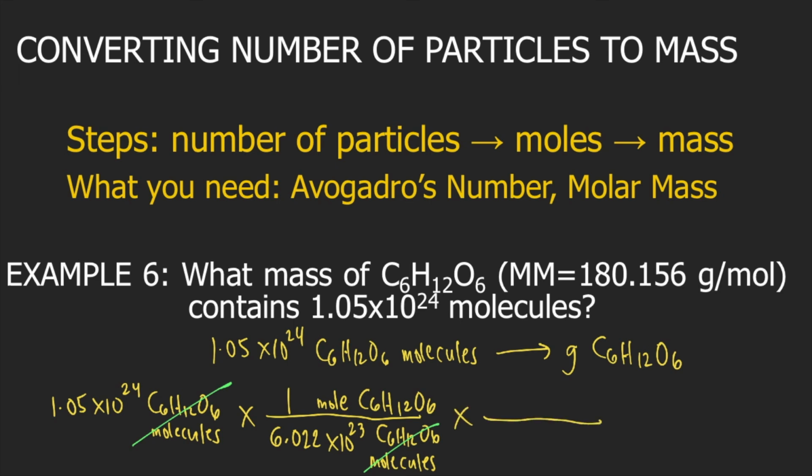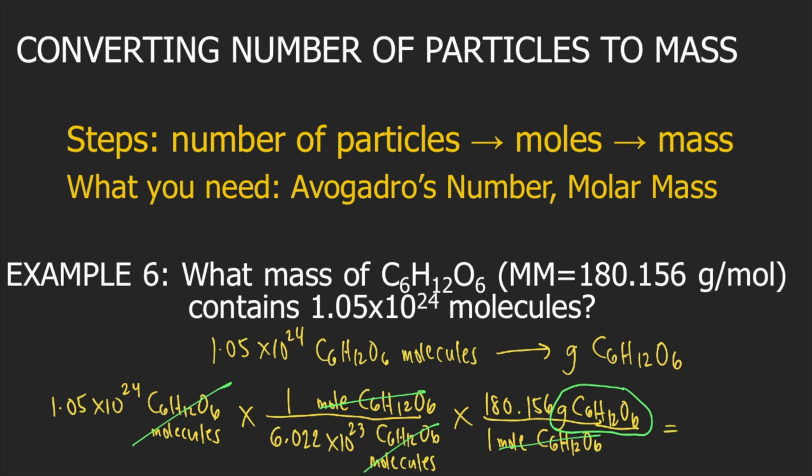And according to the molar mass, 1 mole of glucose is equivalent to 180.156 grams of glucose. So moles of glucose will cancel. So our final unit is grams of glucose.